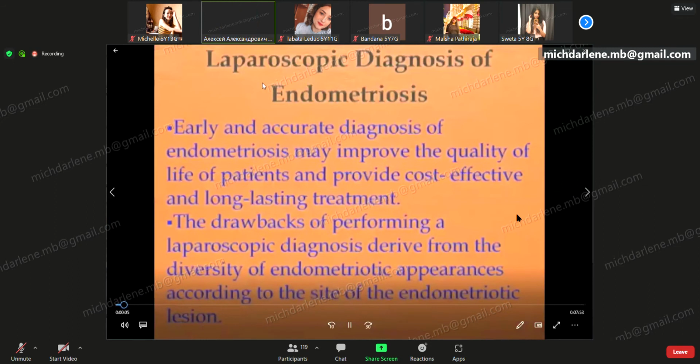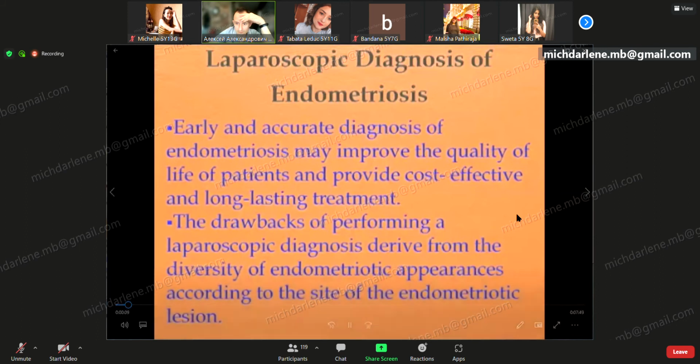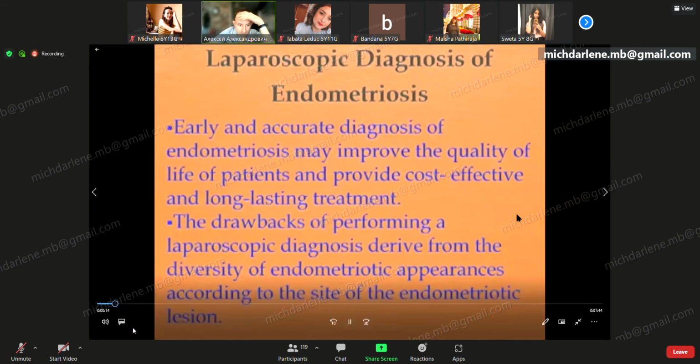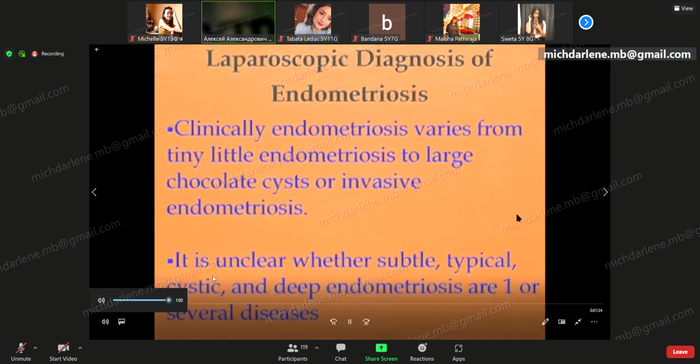Early and accurate diagnosis of endometriosis may improve the quality of life of patients and provide cost-effective and long-lasting treatment. The drawback of performing a laparoscopy for diagnosis derives from the diversity of endometriotic appearances according to the site of the endometriotic lesion. Clinically, endometriosis varies from tiny little endometriotic lesions to large chocolate cysts or invasive endometriosis.